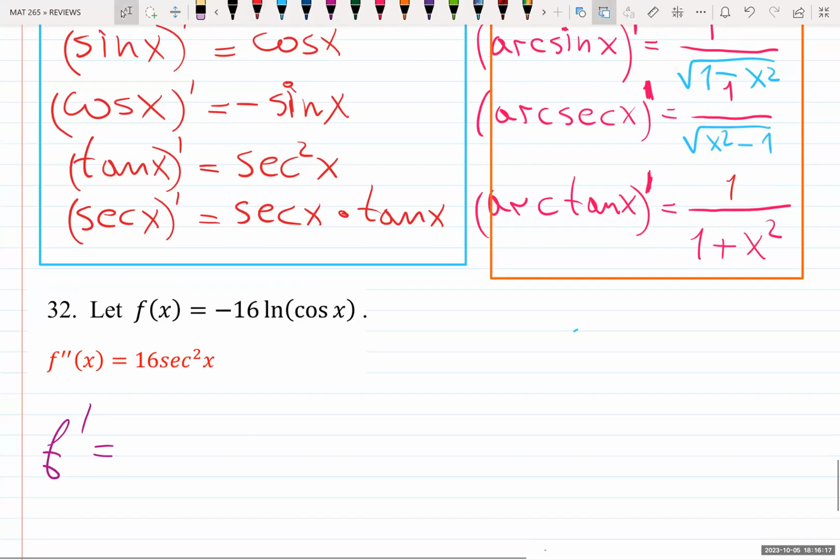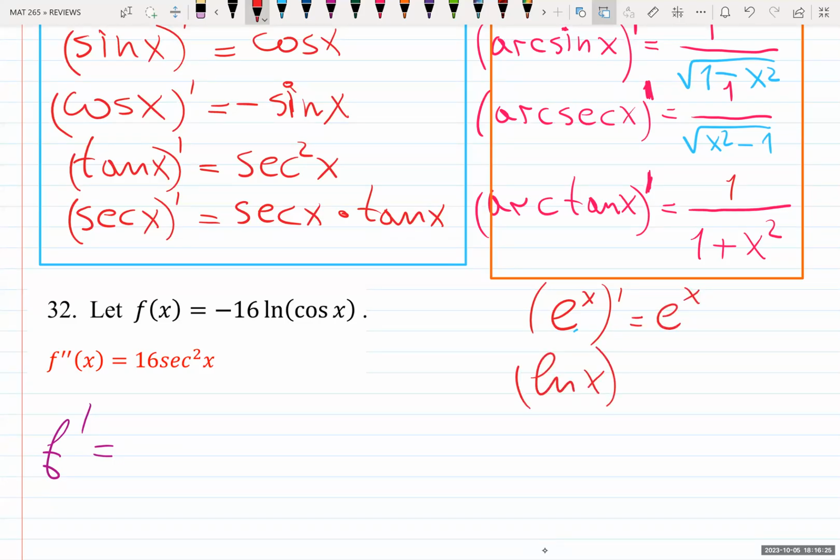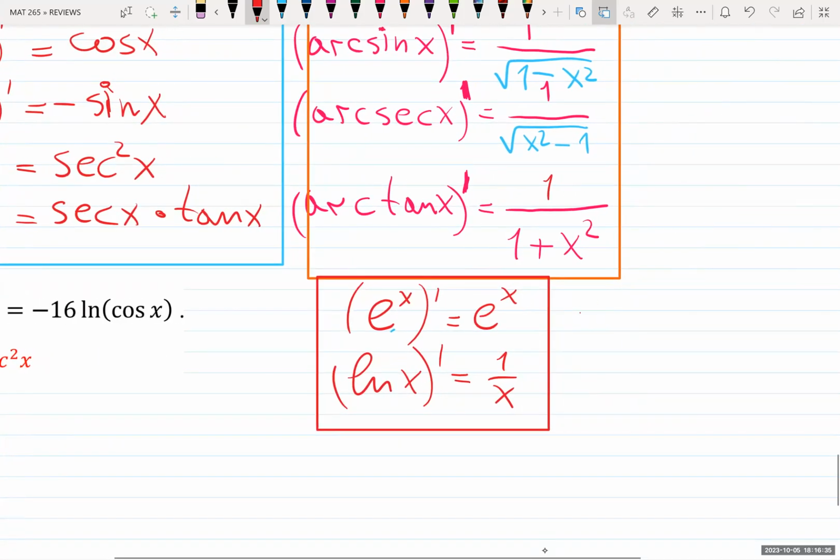Finally, the last two. e to the x prime gives you e to the x. ln x prime gives you 1 over x. They also have formulas with a, and I just did not put them on a test. It's nice to know what a to the x is. a to the x prime, still copy, but times ln of the base.